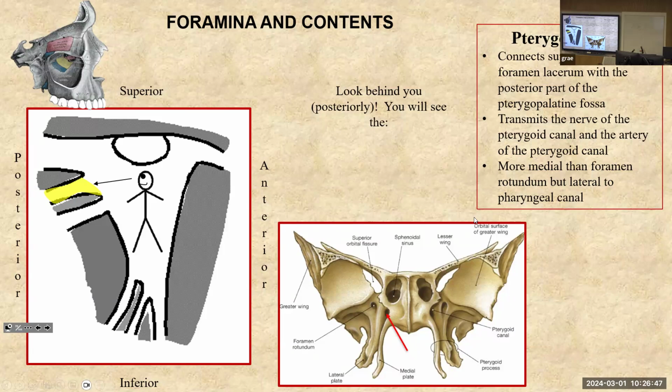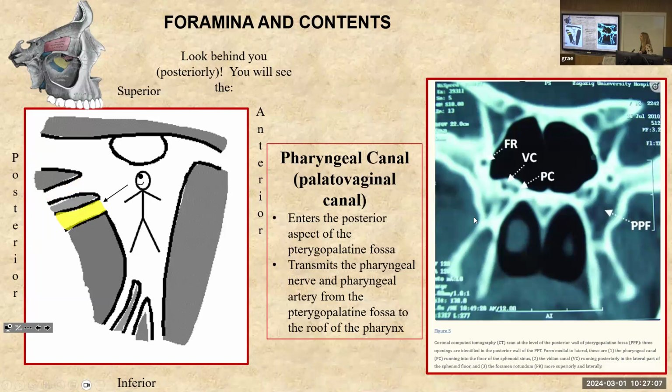And this isn't new, it also has been introduced to you that there is a nerve of the pterygoid canal that is coming to the pterygopalatine ganglion. And it gets there through this foramen. There are also vessels in this foramen. Okay. And then more medial to that, there is another canal.